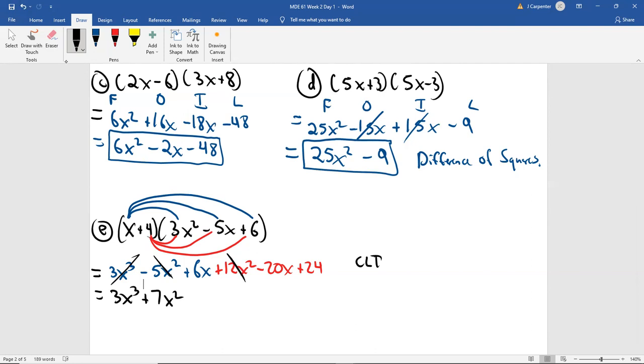We have a positive 6x and a negative 20x. 6 minus 20 is negative 14, so minus 14x. And there's just one single constant, so you bring it down. There are no more like terms. If you combined all your like terms in the previous step, there shouldn't be like terms in the next step. And there's our answer.